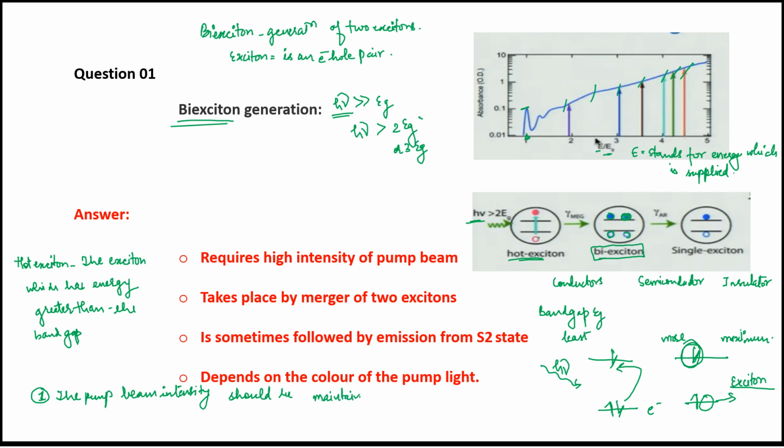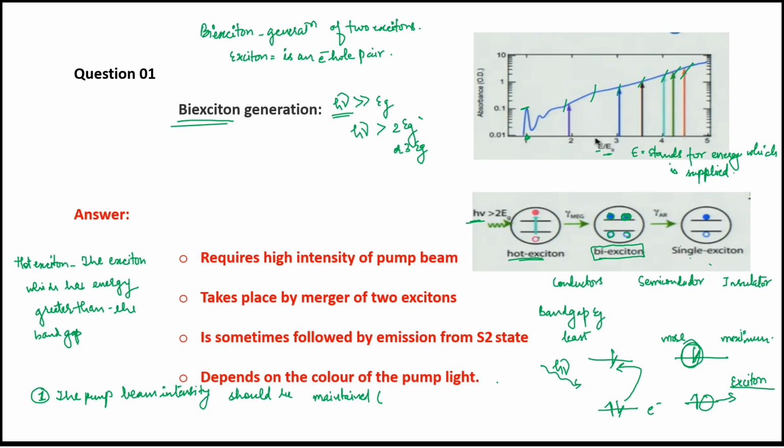Why is it necessary? Because the more the pump beam intensity, the more will be the loss. And if more loss is happening, bi-exciton formation will not happen or will be affected drastically. Okay. Now, in the case of bi-exciton formation, two excitons are generated.